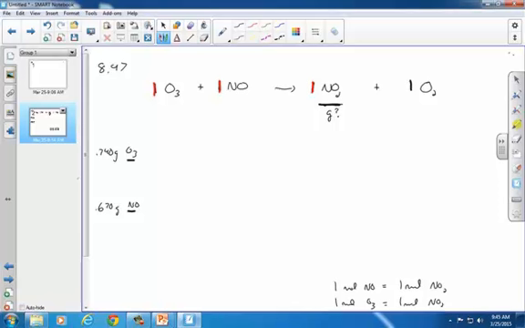So it's important that we balance that to make sure we understand what that relationship is. That's the only relationship you can ever use to convert between information about one substance and information about a different substance. It's the mole relationship. And you can only cancel units in these conversions when they are units that belong to the same substance. I can't cancel grams of NO with grams of NO2. They're not the same thing.